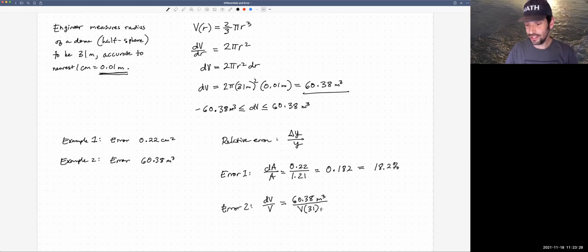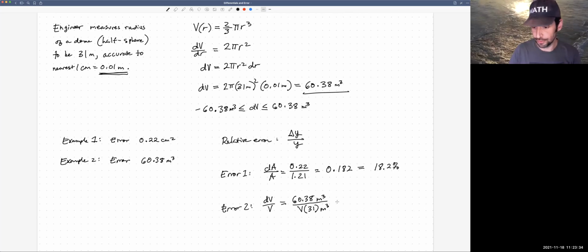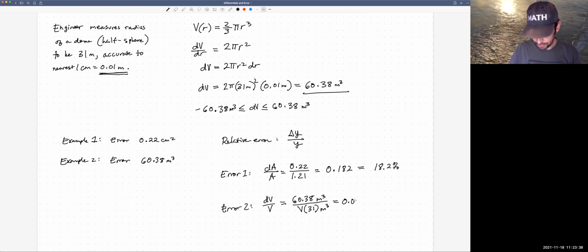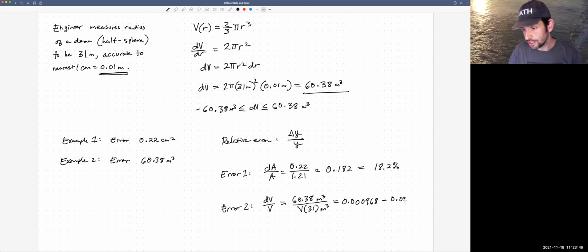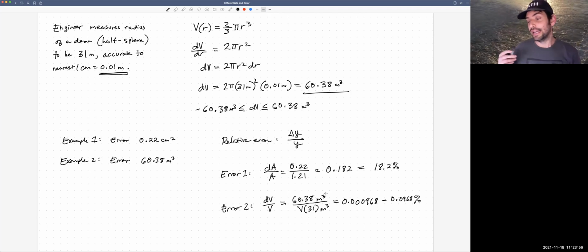The units here are also going to be meters cubed, and so we get a number that has no units. The units cancel. So you can work this out to be 0.000968, or 0.0968%.